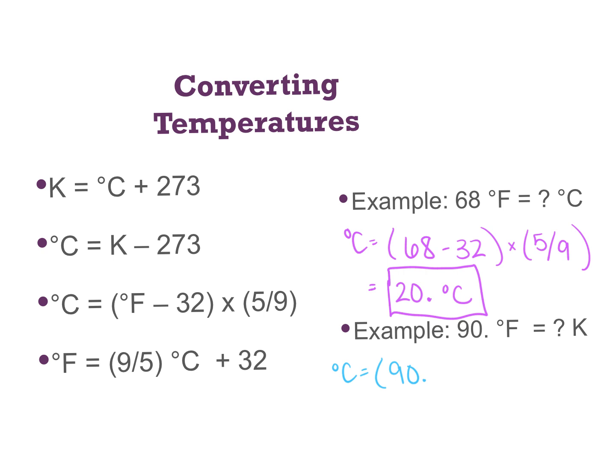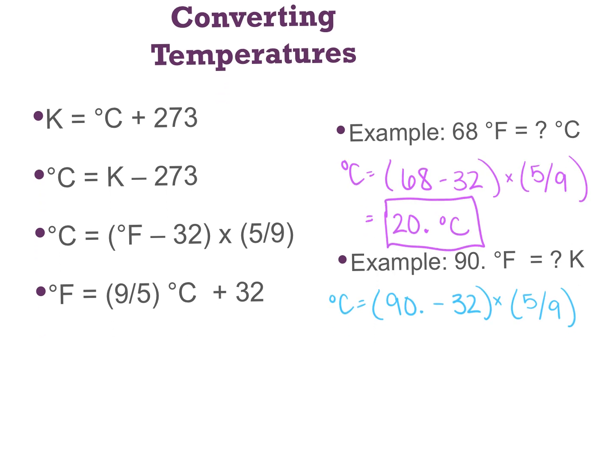So we'll take our 90 Fahrenheit minus 32 times 5/9. Okay, and so what did you get for degrees Celsius? 32.2. Okay, 32.2 repeating for Celsius.